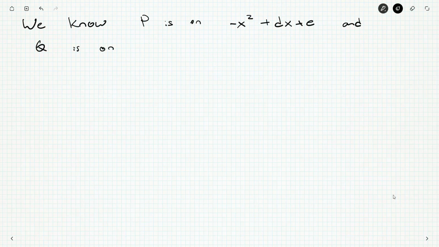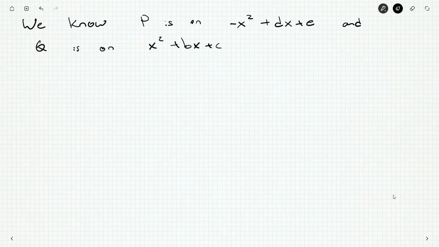But how might we do a? So we know p is on negative x squared plus dx plus e, and q is on x squared plus bx plus c.